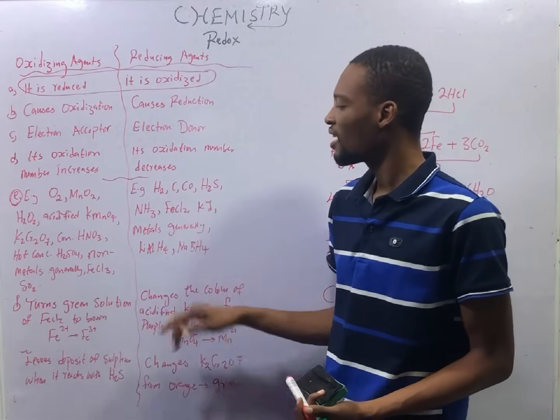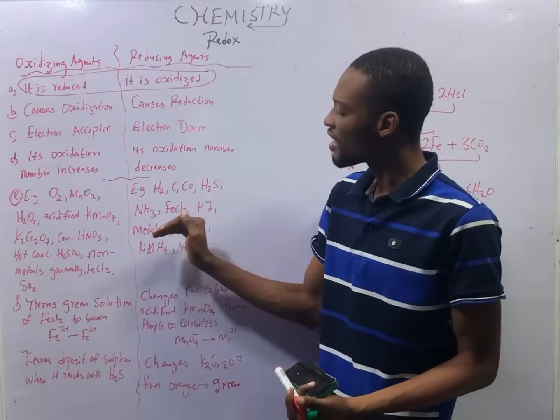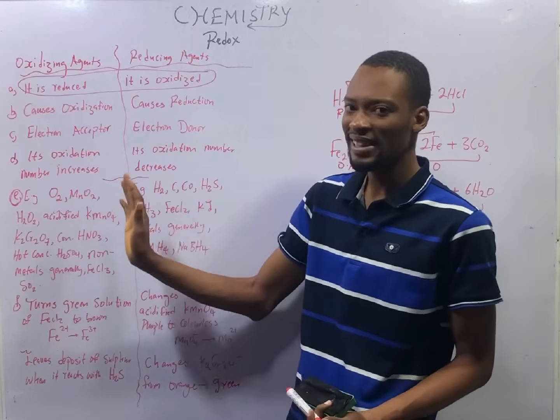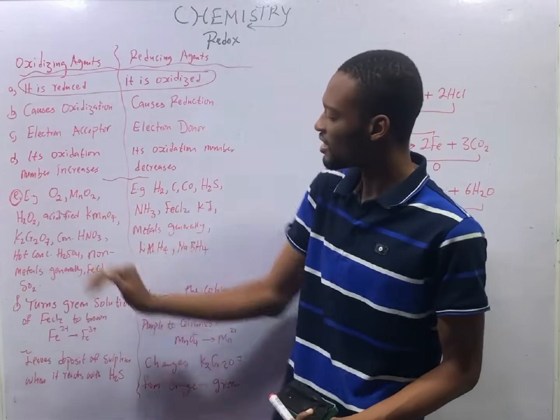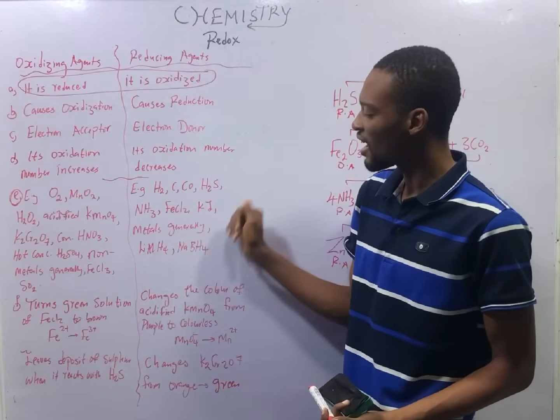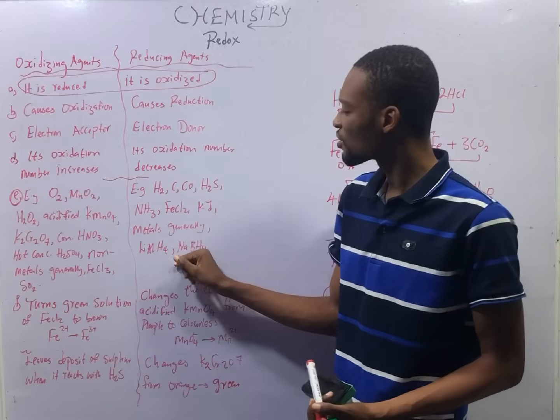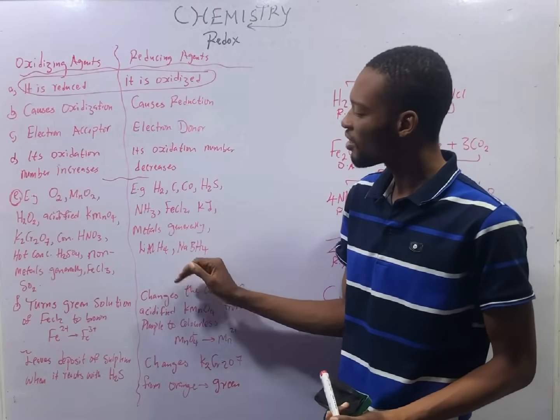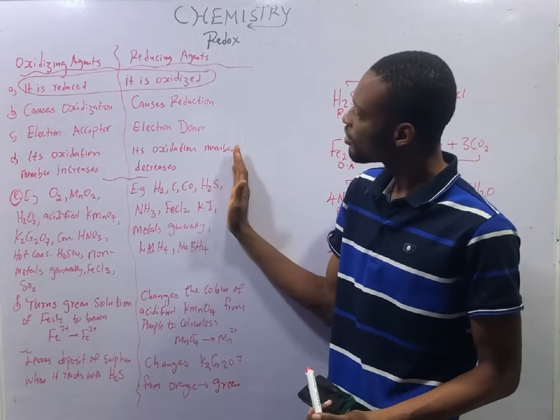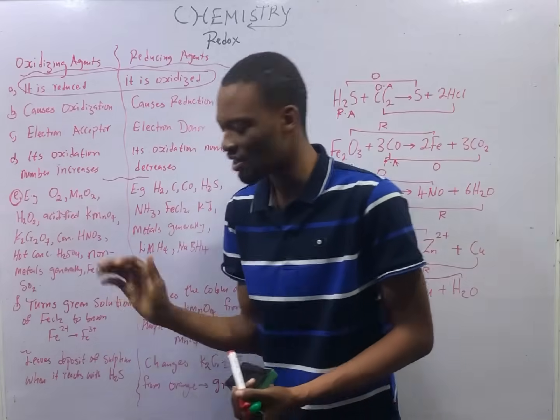Potassium iodide and metals generally are reducing agents. Non-metals generally are oxidizing agents. Metals generally are reducing agents. Then lithium tetrahydroaluminate, sodium bromide, all these are reducing agents.